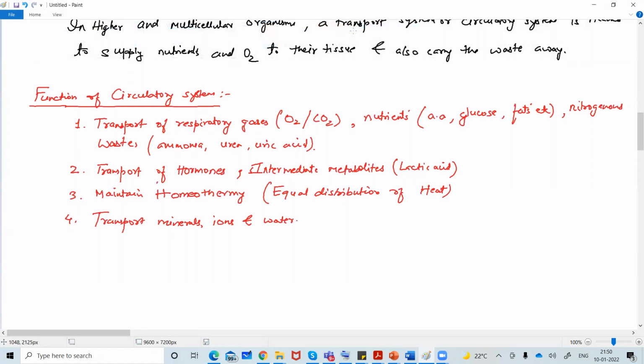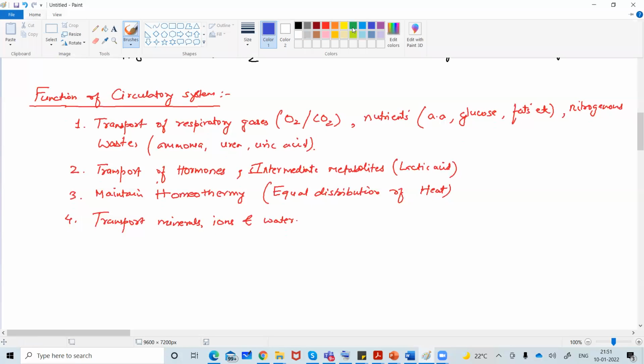Now we will talk about types. What are the types of circulatory system? If you see all the organisms, what type of circulatory system they have, then on that basis you can say that there are two types. One is called open circulatory system, and another is closed circulatory system. Right. So in this section we'll talk about the types now. Okay.